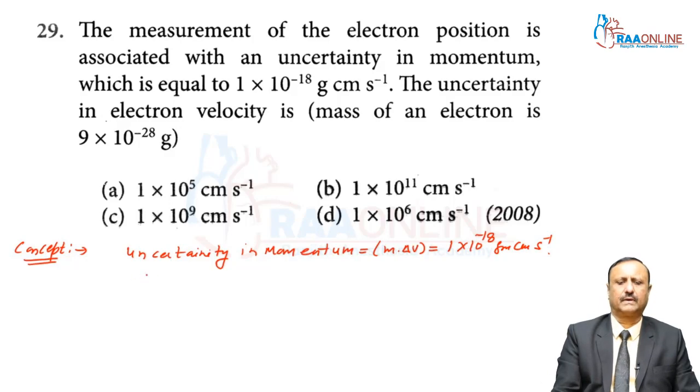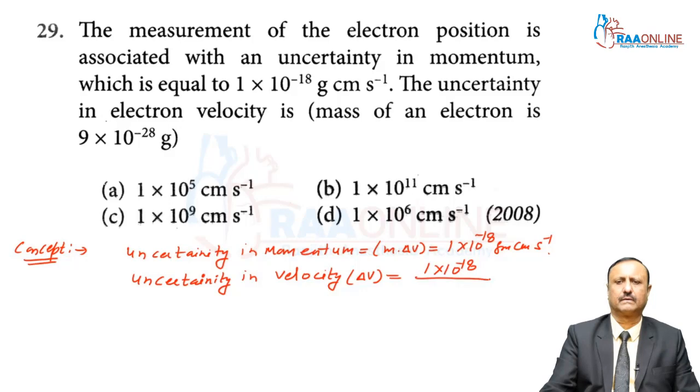Now we can see uncertainty in velocity, that is delta v, equal to 1 into 10 to the power minus 18 divided by 9 into 10 to the power minus 28. This is the mass of electron in grams. That equal to, when you divide it, 1.1 into 10 to the power 9 centimeter per second.